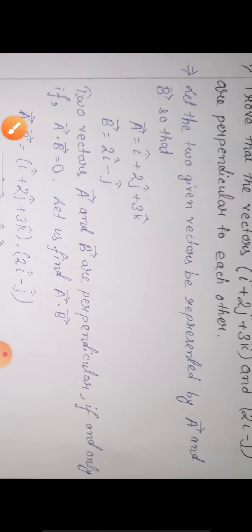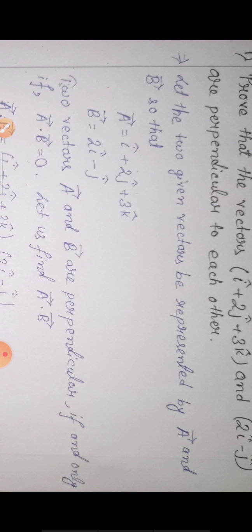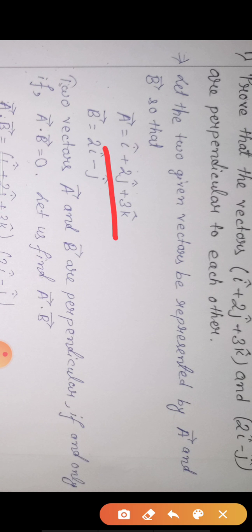First, let us name these vectors. Let i hat plus 2j hat plus 3k hat be the vector a, and 2i hat minus j hat, your second vector, be the vector b.